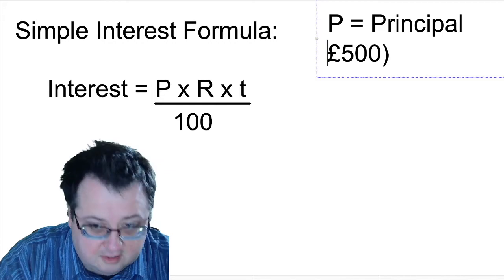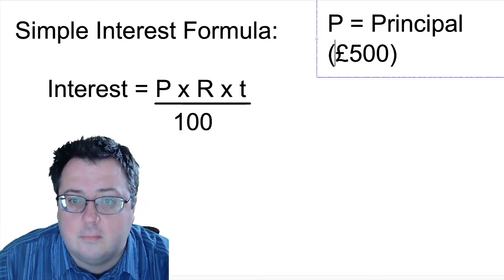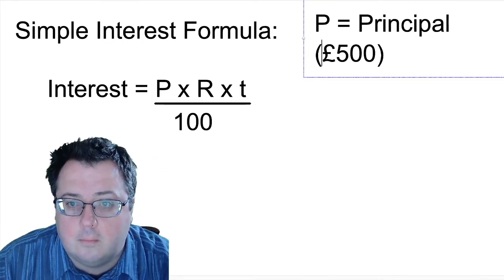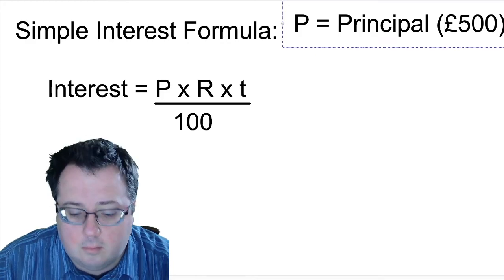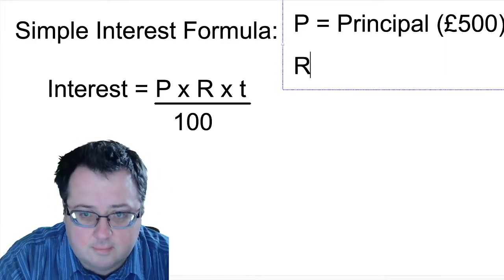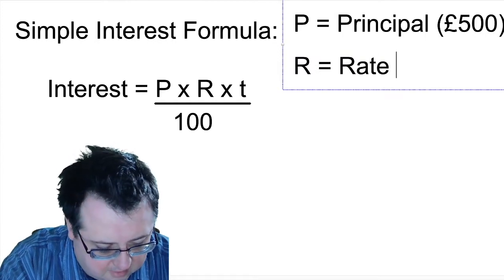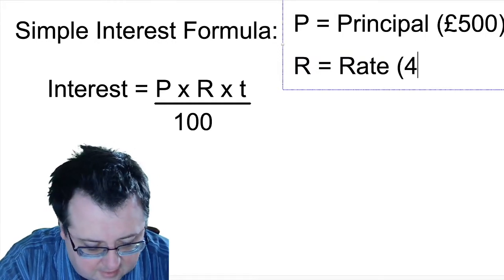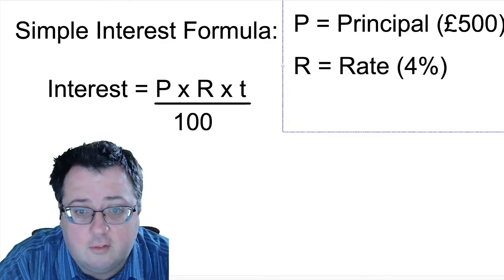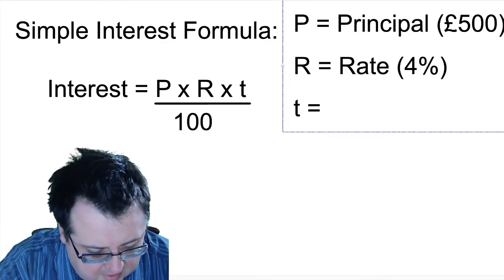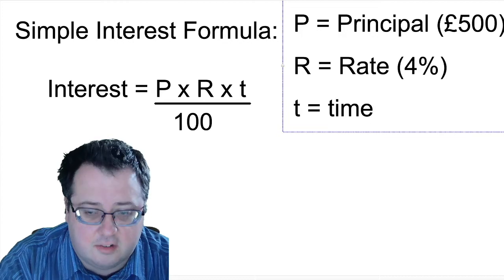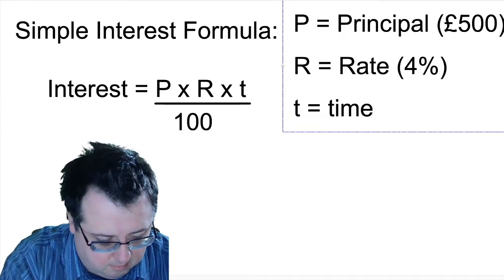Let's change that 9 to a bracket. The rate, well, we know that's 4%. And finally, T is the time, and that's 3 years.